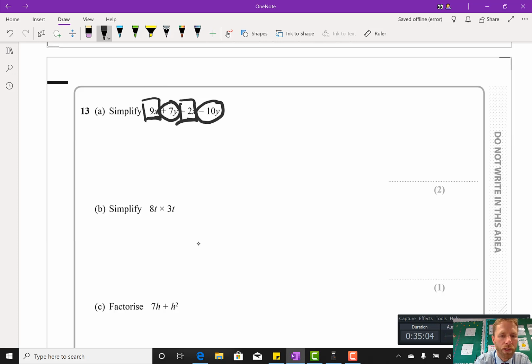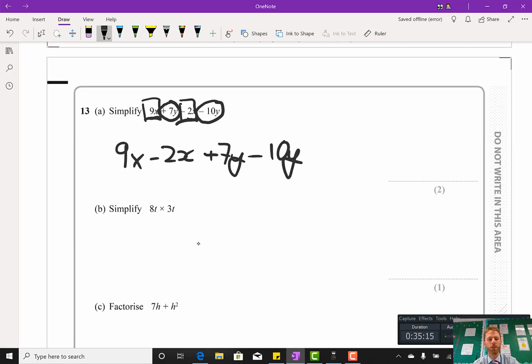So 9x minus 2x plus 7y minus 10y. Like terms have got the same letters. 9x minus 2x leaves us with 7x. And 7y take away 10y, negative 3y.